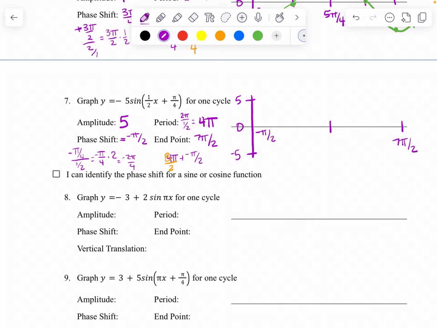Negative 1 plus 7 is 6. Cut 6 in half, so I get 3 pi over 2. That one is okay.